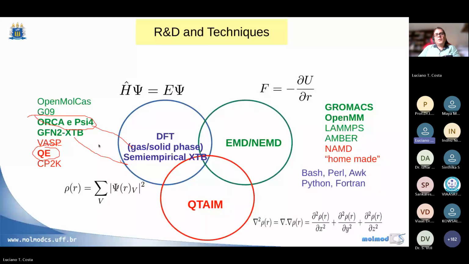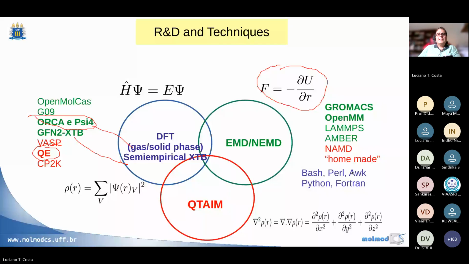For molecular dynamics and non-equilibrium molecular dynamics, mainly for solving Newton's equation, in our research group we use GROMACS and OpenMM, also LAMMPS, and other homemade codes written in Bash, Perl, Python, and Fortran.